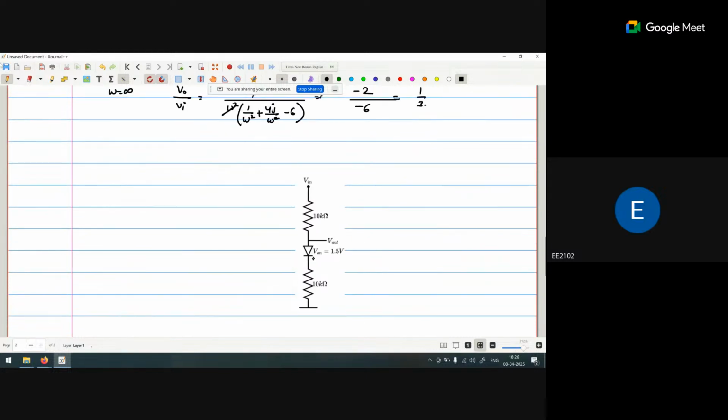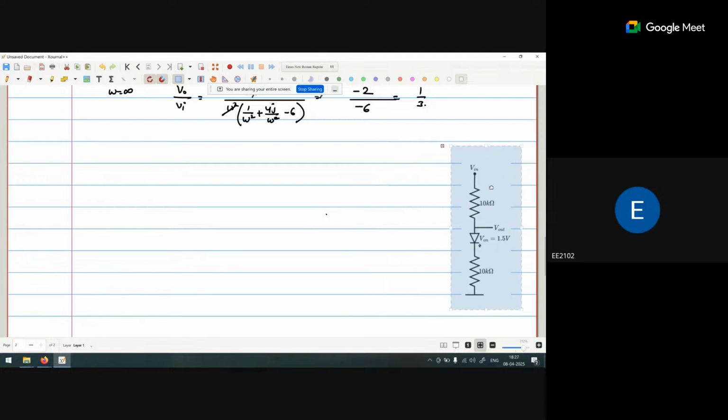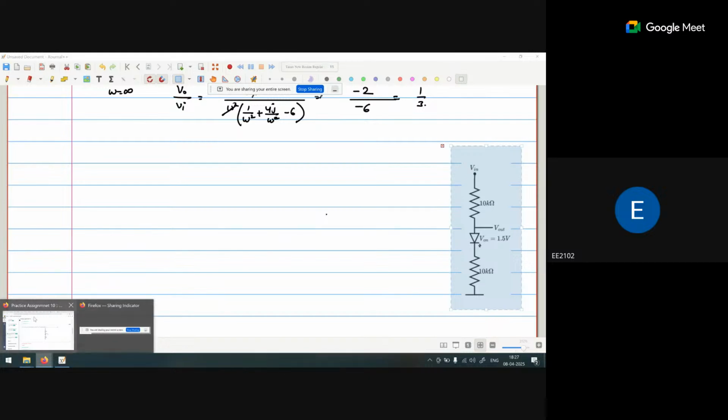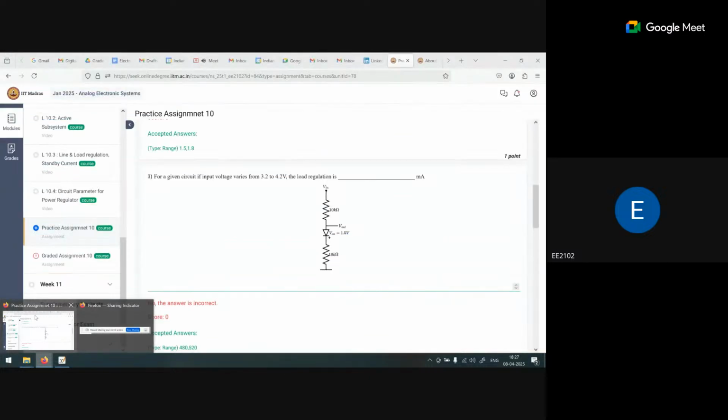So basically, it is given that our input voltage will be changed from 3.2 to 4.2. So what is the load regulation in milliampere?